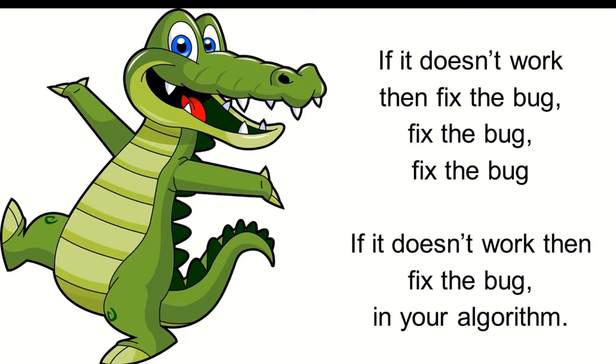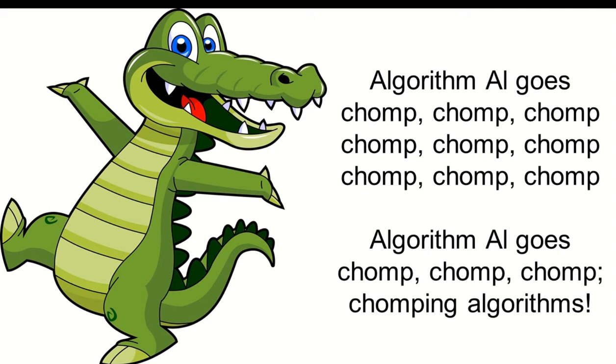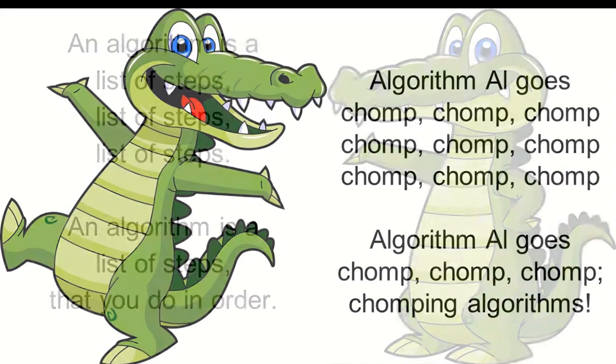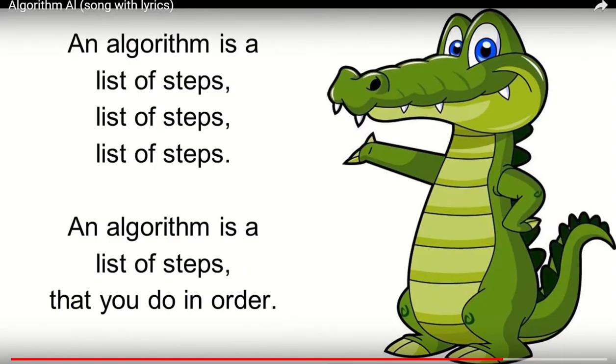If it doesn't work, then fix the bug in your algorithm. Algorithm now goes chomp, chomp, chomping algorithms. An algorithm is a list of steps that you do in order.